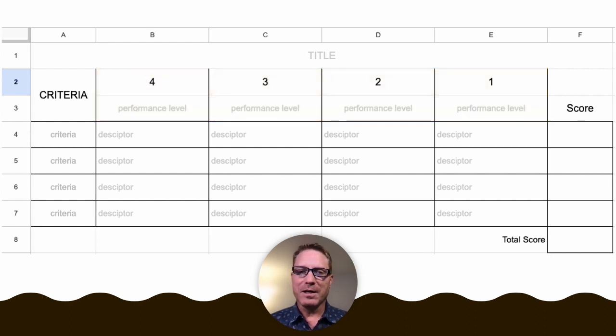Okay, so number 3, and again, this is kind of the heart or the meat of the rubric. These are your descriptors. And again, my suggestion is that you start with your meets level, in this case, number 3. And start by writing these. Try to capture in a sentence or 2 or 3 what you really expect based on this criteria.